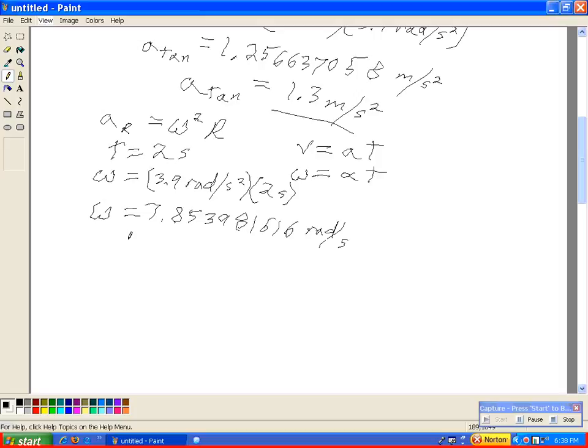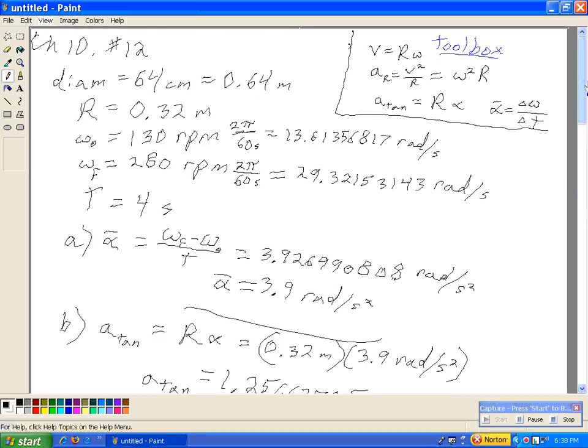So, plugging that in for a_r equals this squared, 7.853981634 squared, times the radius, and the radius upstairs was 0.32 meters.